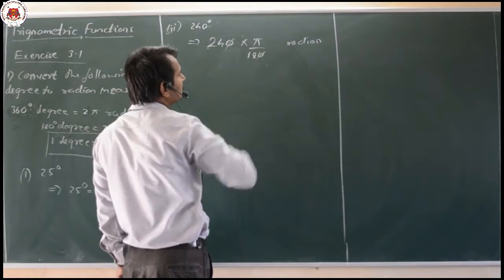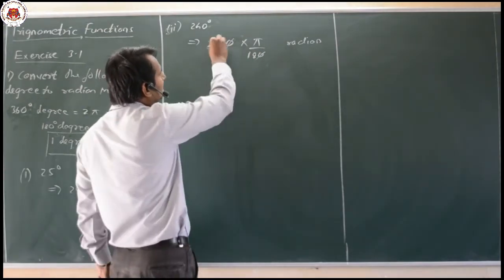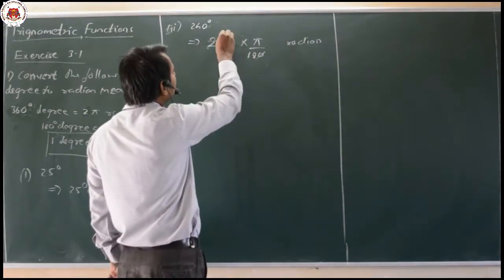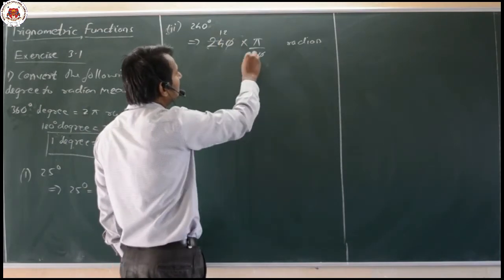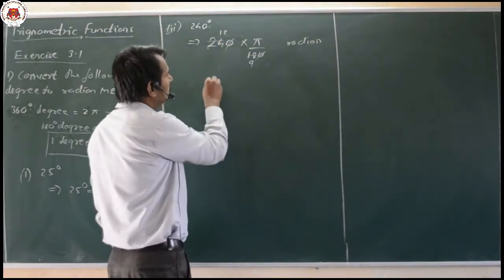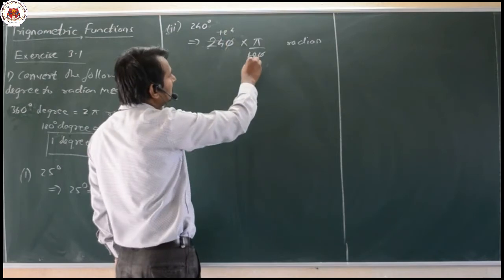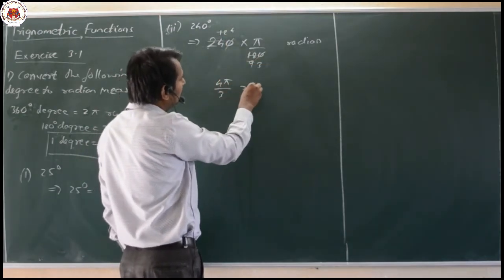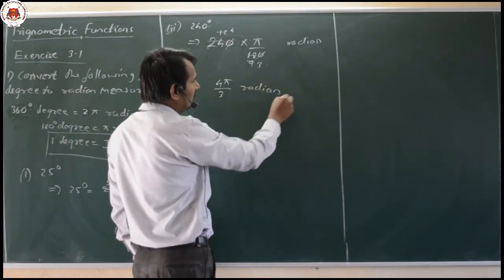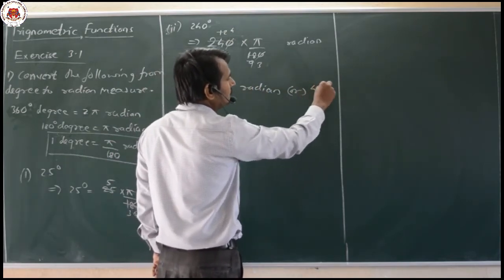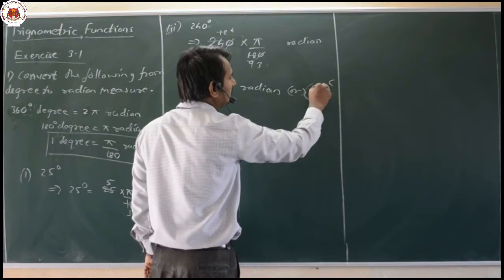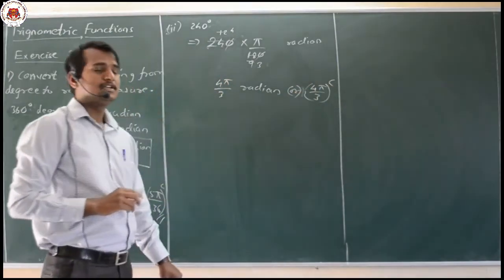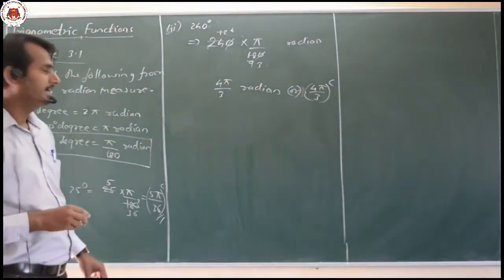Here the 0 gets eliminated, so we cancel: 3 4s are 12, 3 3s are 9. So the value is 4 pi by 3 radian, or you can also write it as 4 pi by 3 to the power of c. That is degree to radian.